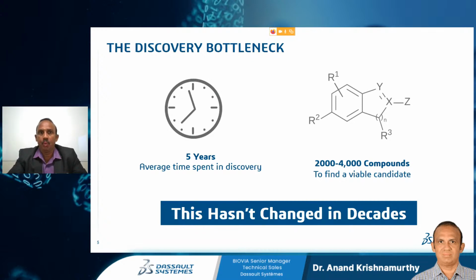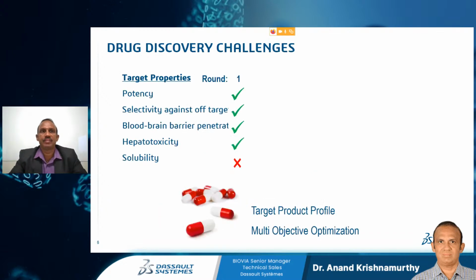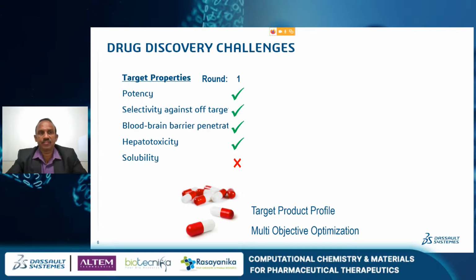Now, with generative therapeutics design and artificial intelligence in place, it has been a different game altogether. I'll show you the different approach associated with that. So I choose a certain set of target properties.